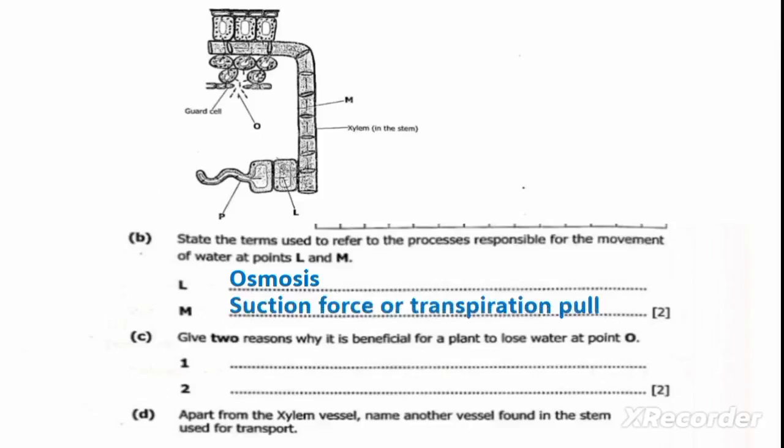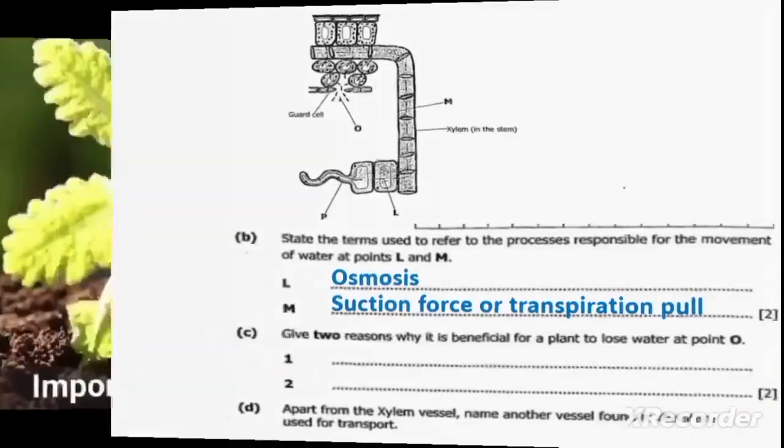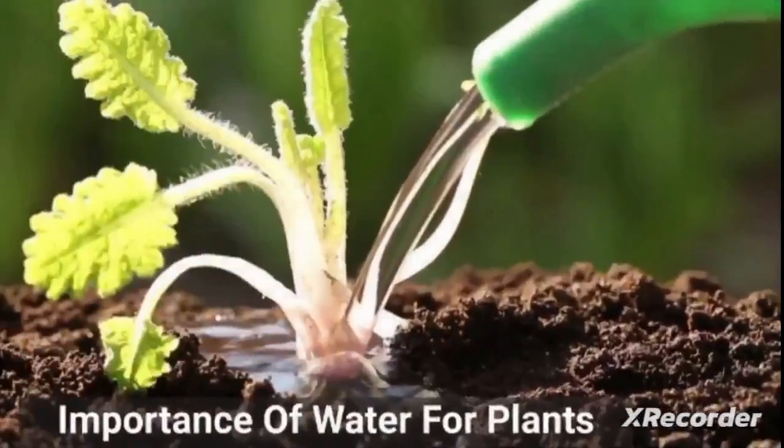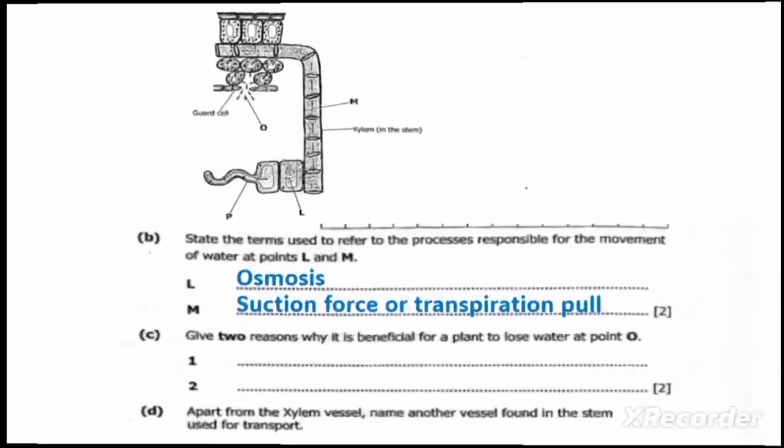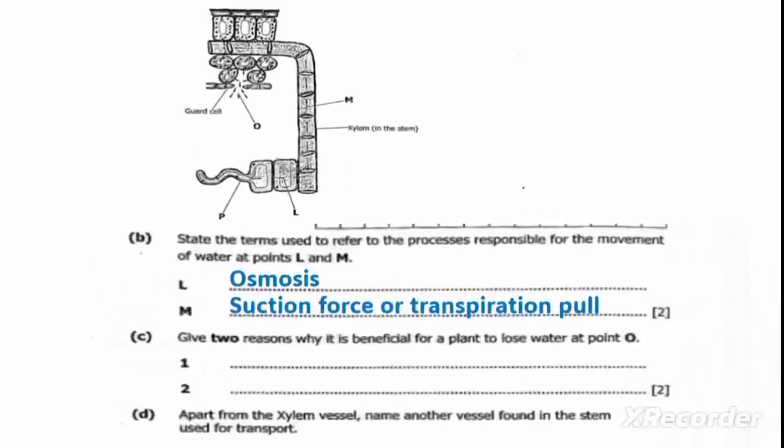Question C, the question reads, give 2 reasons why it is beneficial for a plant to lose water at point O. So why is it important for plants to lose water vapor through stomata? It is important so that plants can cool down. And the loss of water through the point O also helps to create the suction force and the transpiration pull.